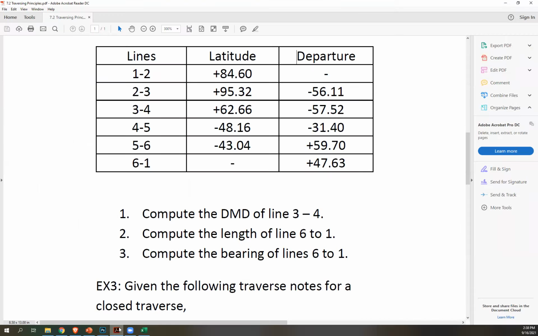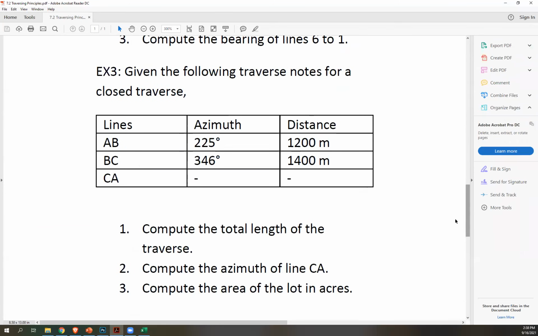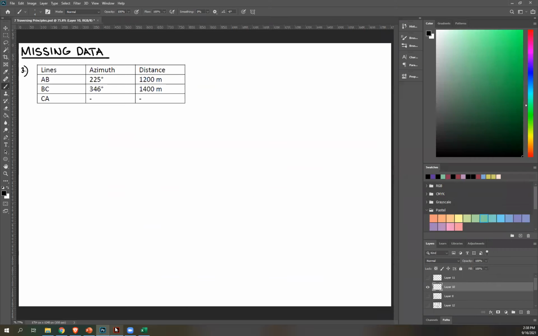Number 3, given the following traverse notes for a closed traverse, number 1, compute the total length of the traverse. So I gotta get total length. There's a problem there. I need the distance of CA then. Okay. So in order to get that, since this is 3 lines only, what kind of shape are we gonna get if we're only getting 3 lines for a closed traverse?